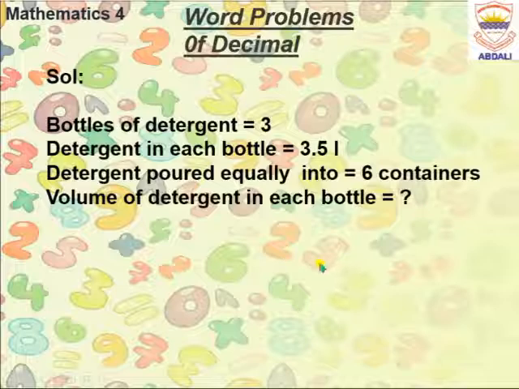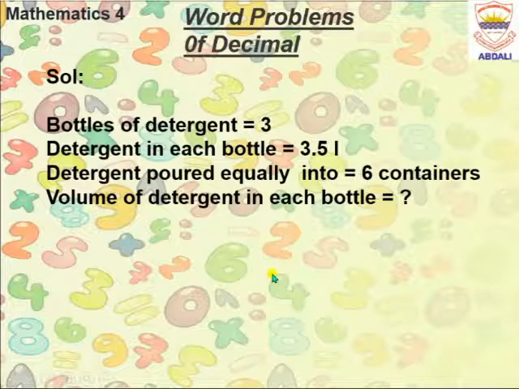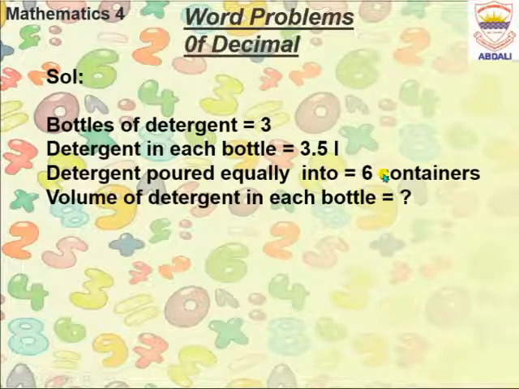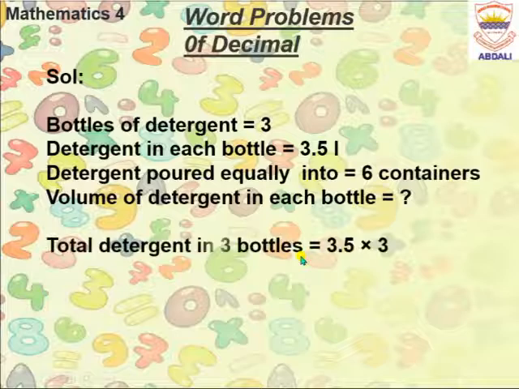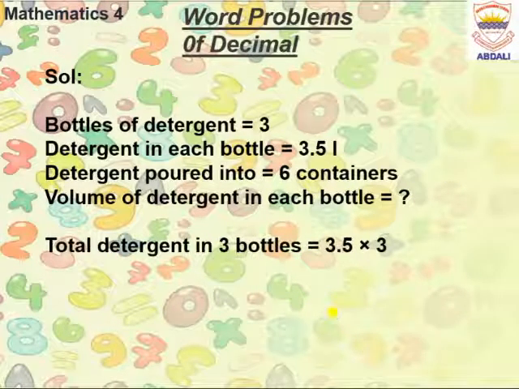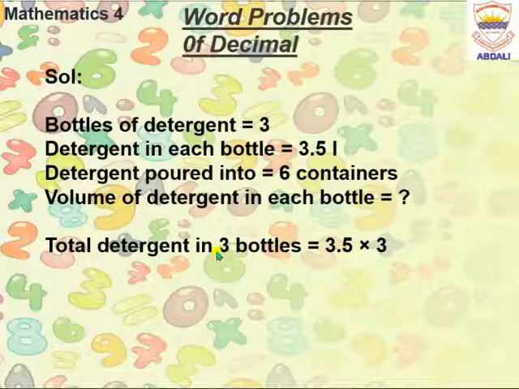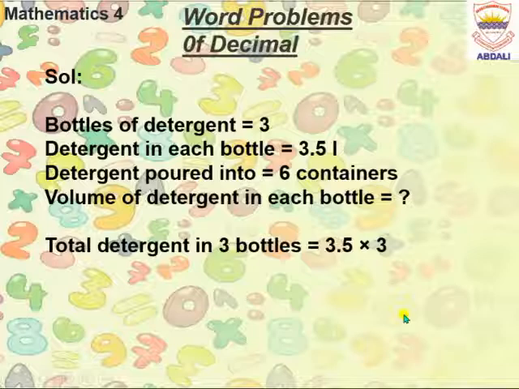Firstly, don't you think that we have to find out the total detergent? Then we will divide it into 6 containers. So for finding out total detergent in 3 bottles, we will do multiplication. 3.5 multiplied by 3.